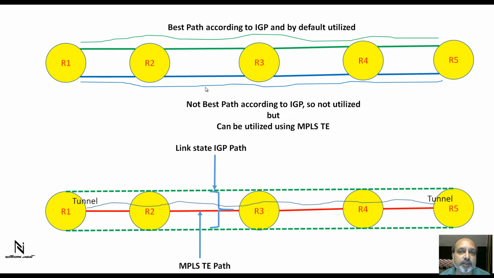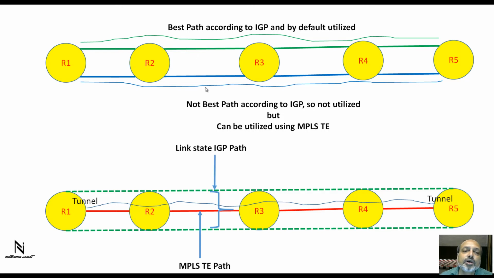And hold priority, because I have mentioned already that priority can be of two types, setup priority and hold priority. Now hold priority will decide whether this path will be suppressed by some other paths. So one is to specify whether it can suppress any other path, and the second one, that is the hold priority, is to specify whether this particular path in question will be suppressed by some other paths.